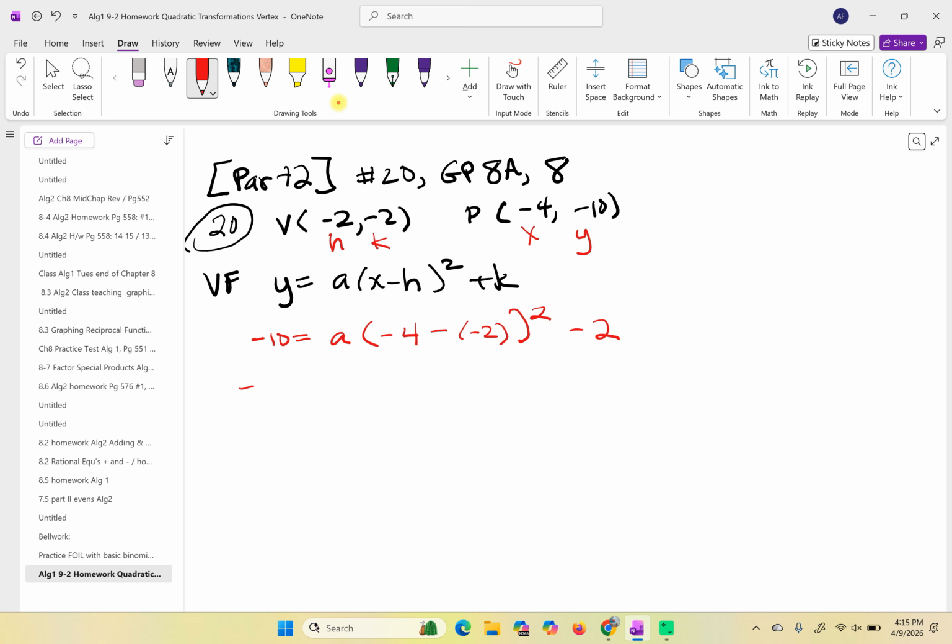And now we're going to do the math and solve for a. So -4 plus 2 is going to equal -2, and the -2 squared equals 4. I'm going to add 2 to both sides. Divide by 4. A is equal to -2.